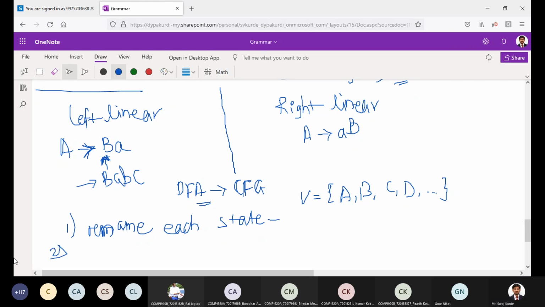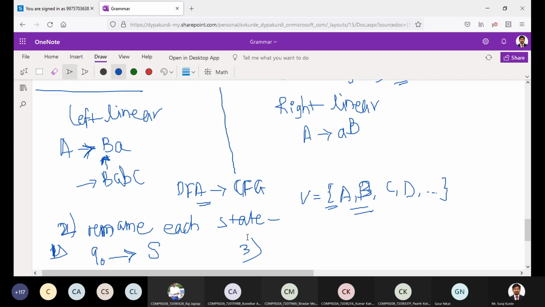Second, rename all the states of Q with these names. The initial state should be renamed as capital S, because this should be the first rule, as we start at the initial state. Then rename each state as capital A, B, C, D, and so on.